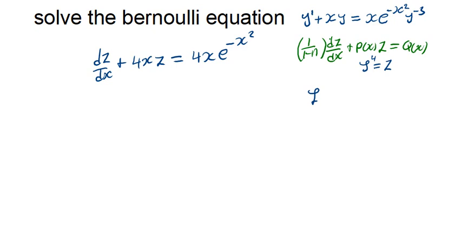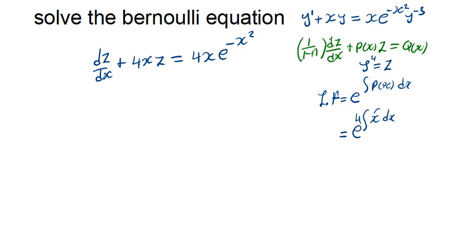Okay, so what you do here is you say your integrating factor. I like indicating it by saying IF for integrating factor, which is going to be equal to e to the power of the integral of p of x dx. So this is going to be equal to e to the integral, what's our p of x? Our p of x is 4x here, so I can put the 4 then x dx here.